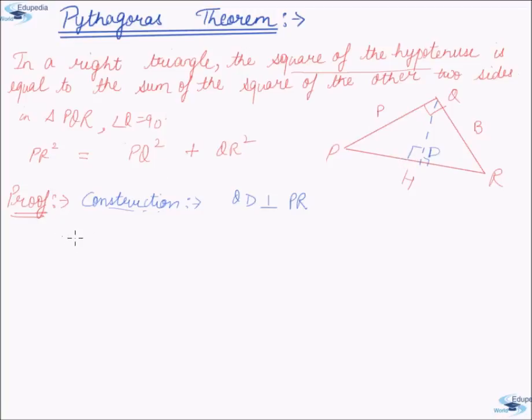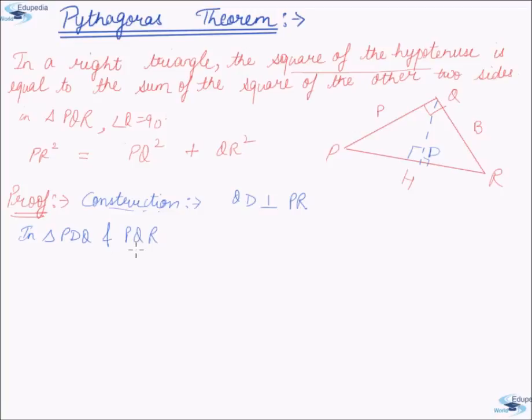Now we need PQ square, that is this side square, and QR square and PR square. Now consider two triangles, this smaller triangle PDQ and the complete triangle PQR.